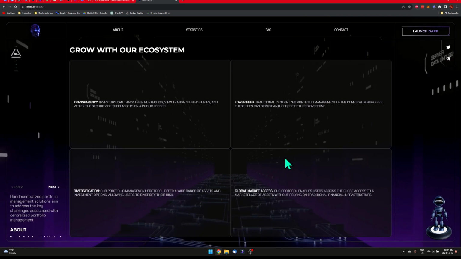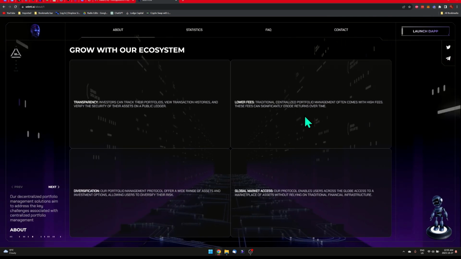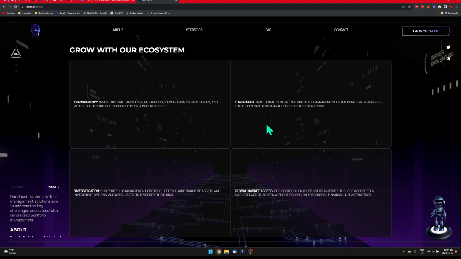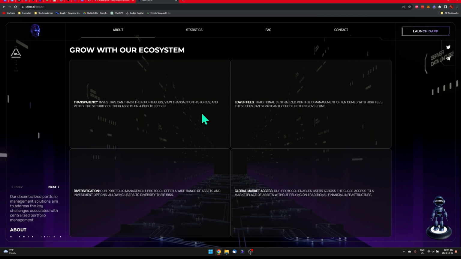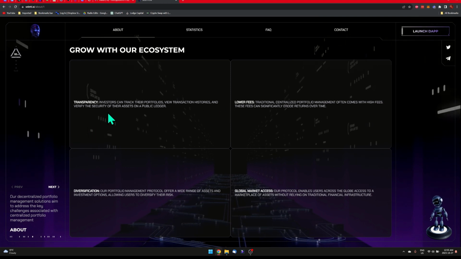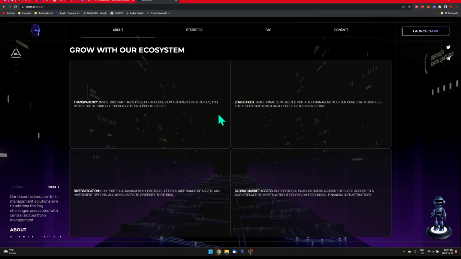So essentially, what is making this platform special according to them? There's transparency, where investors can track their portfolios, view transaction histories, and verify the security of their assets on a public ledger. There's lower fees, because centralized portfolio management often comes with high fees.